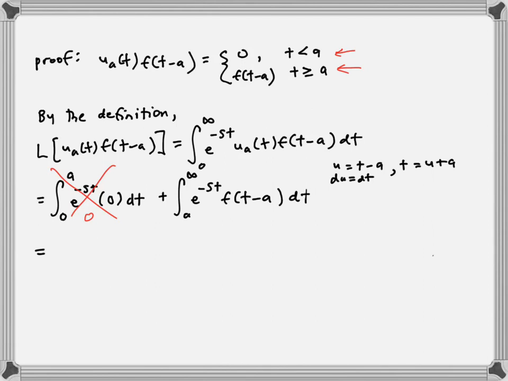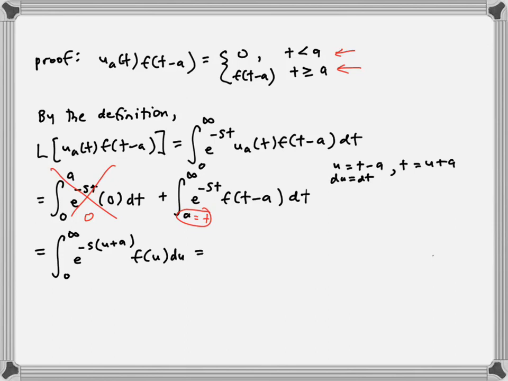What does my integral become? Well, if t is a and I plug it into here, then that means that u is 0. So my new integral is going from 0 to still going to infinity. And now I'm going to have e to the negative s times u plus a, and then f of u du.